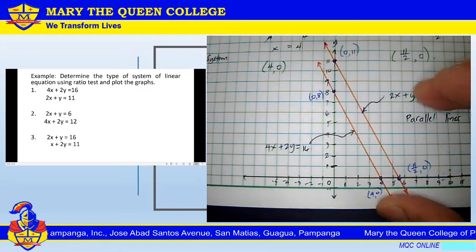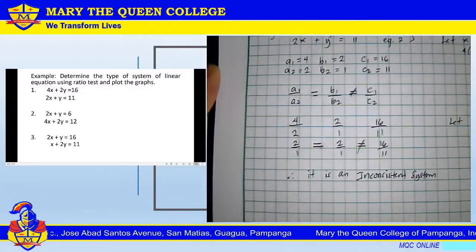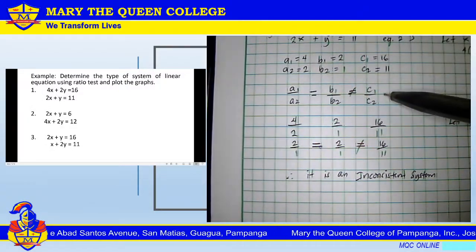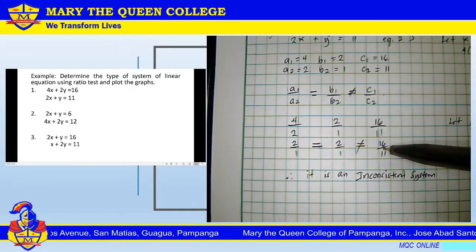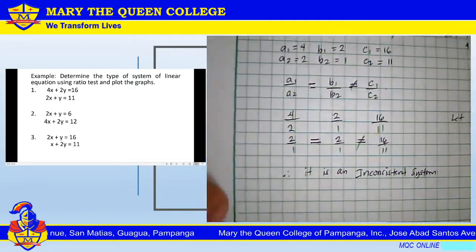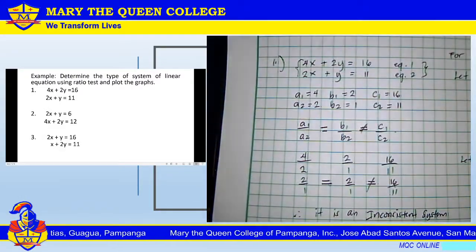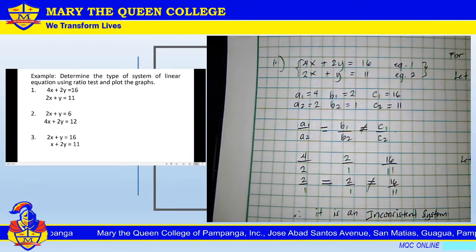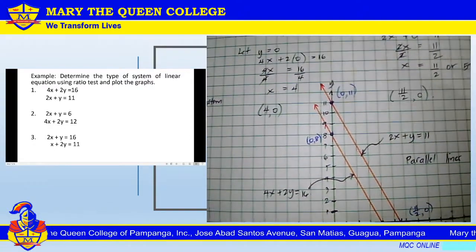Without graphing, without solving for the points, only using the ratio test, you can predict if the given system is an inconsistent, dependent, or consistent system. Unless your teacher tells you to plot the graph, you have to proceed with that.